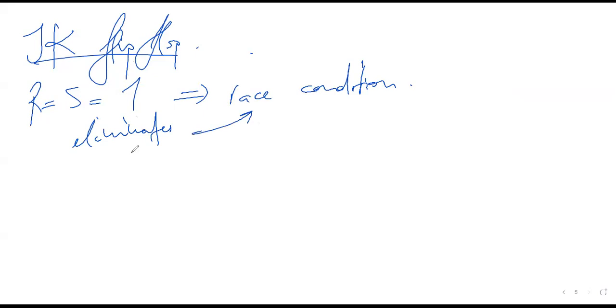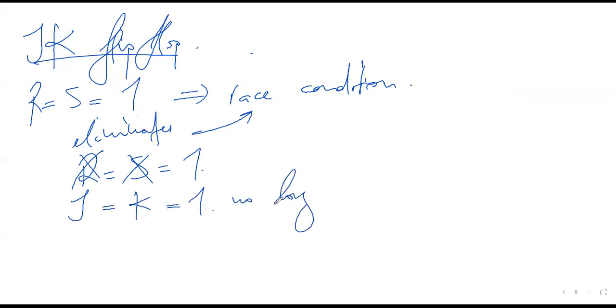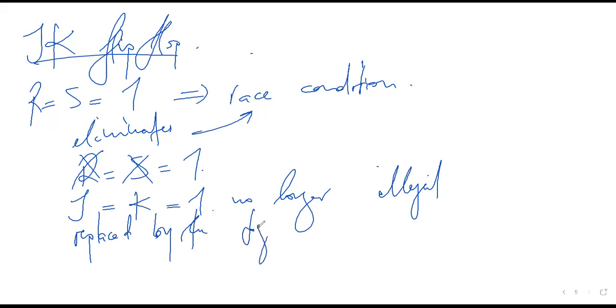We now have a case where we can have R and S being equal to 1 for the JK, but they are no longer called R and S, they are now called J and K. This is no longer illegal. It is replaced by the toggle effect.